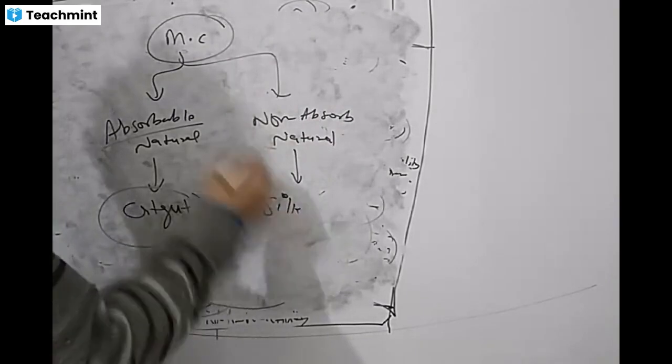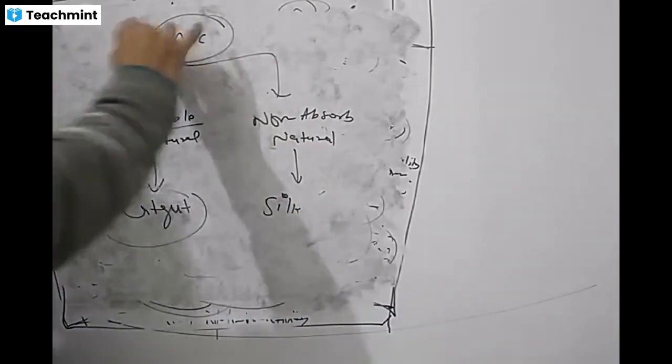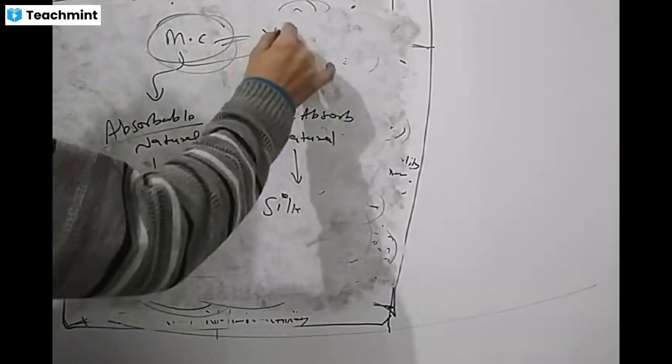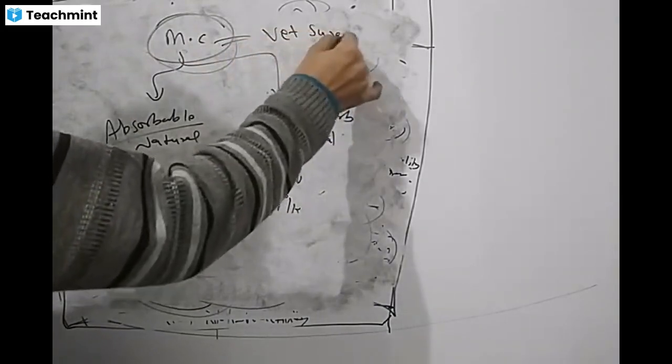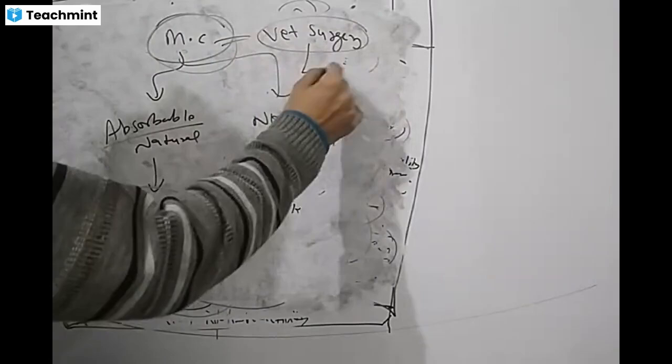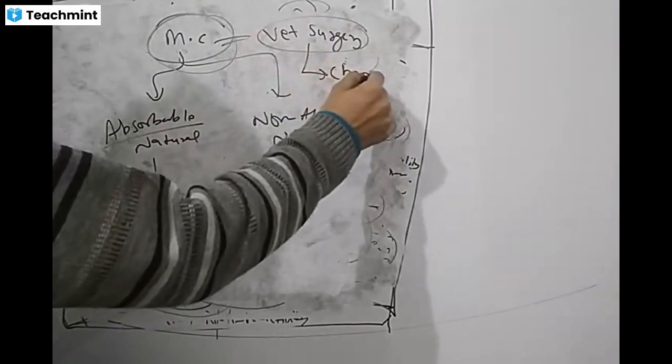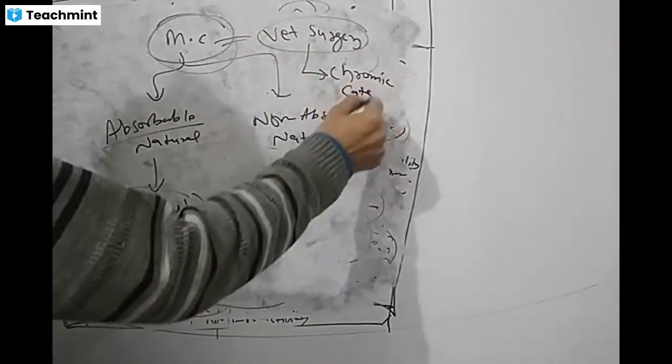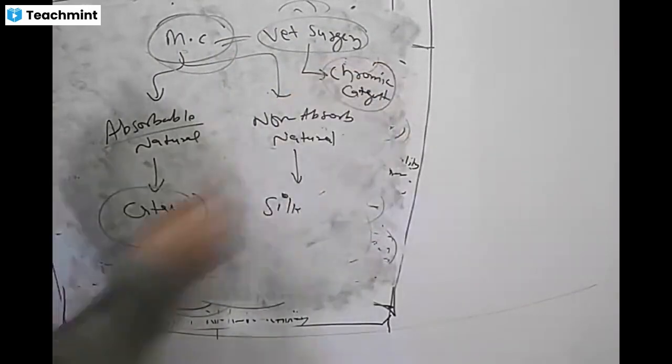If they simply ask most commonly used suture material in wet surgery, then the answer will be your catgut, what we call chromic catgut or simply catgut.